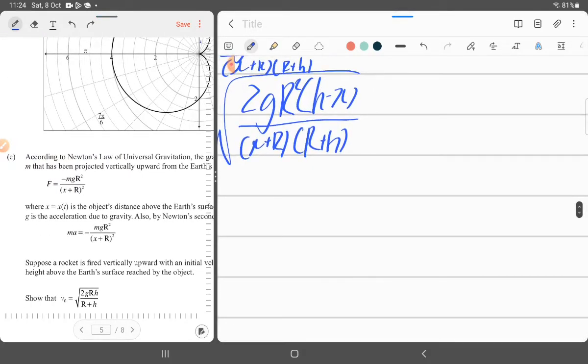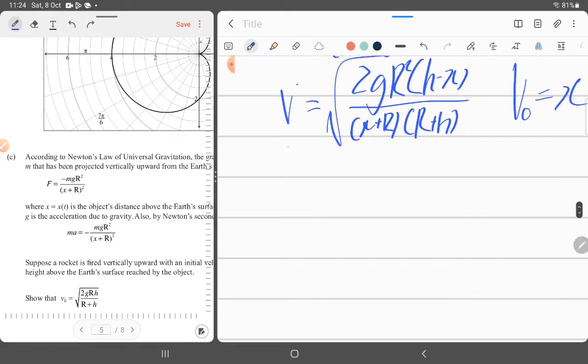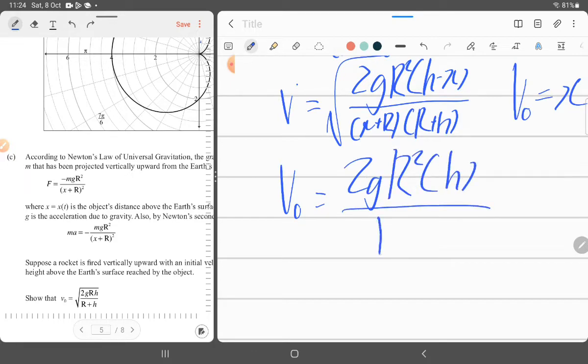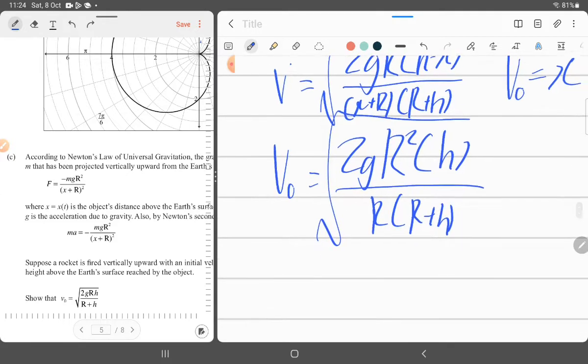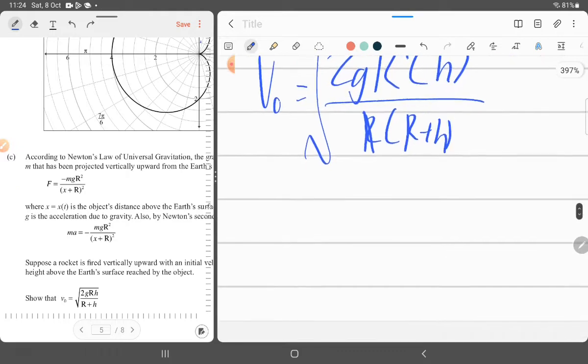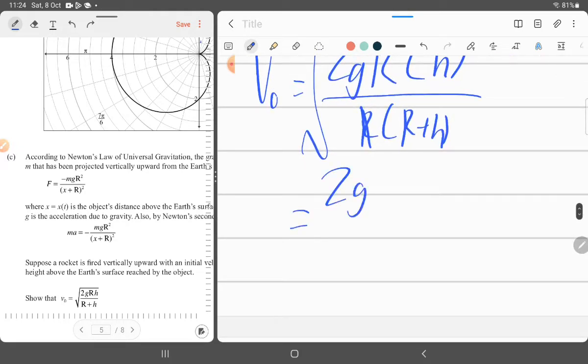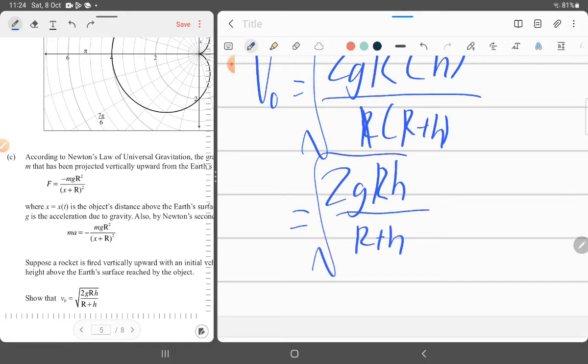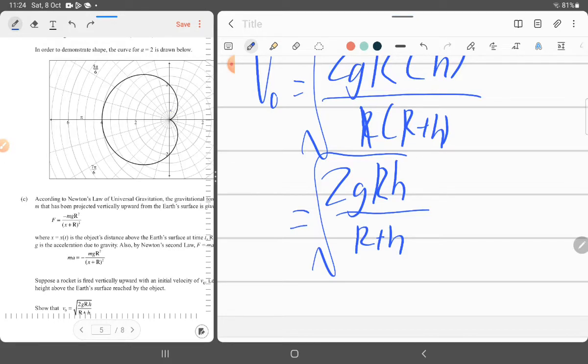So V0 is equal to the square root of 2g r squared h over r(h plus r), so the square root of 2g r h over (h plus r). Okay. That was extremely boxed.